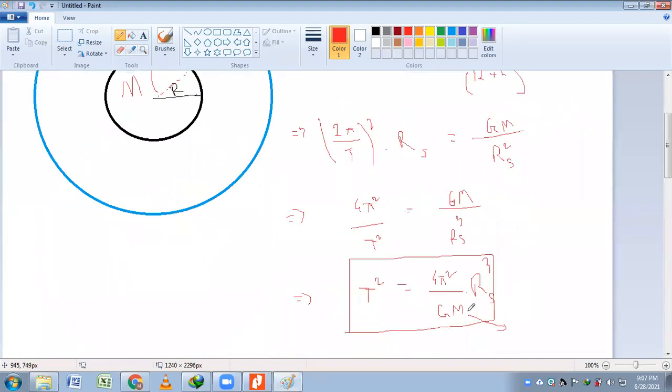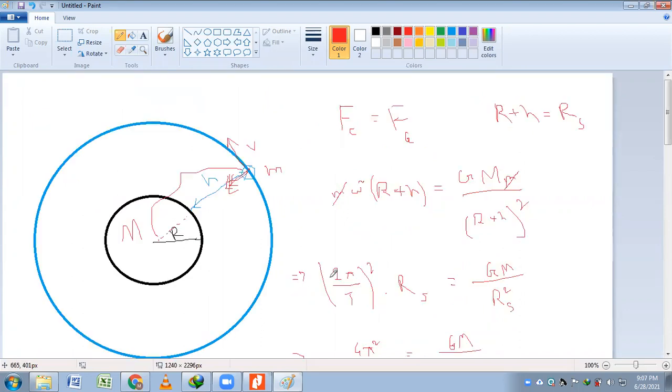So M can be said in simpler words, M is the field creating mass. That's the term we use. T is the orbital time period of the orbiting mass. So how much time does it take to go around one full cycle? That's the capital T. So for the moon, that value is about 24 hours.